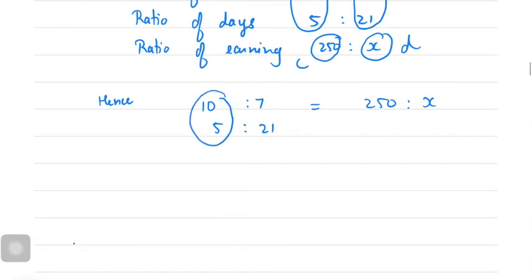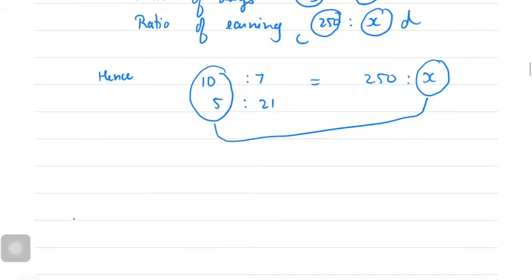Okay, so 10 is to 5 is my A and x is my extremes. Okay, 10 and 5 and x is extreme. So 10 into 5 into x is equal to 7 into 21 is to 250.